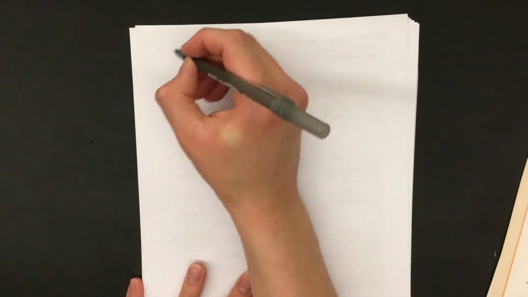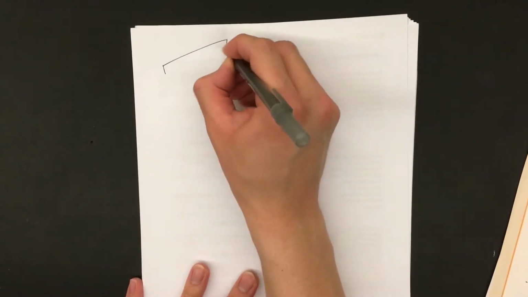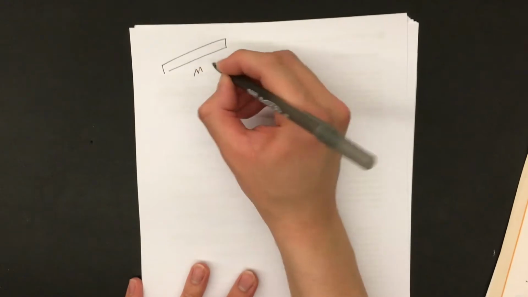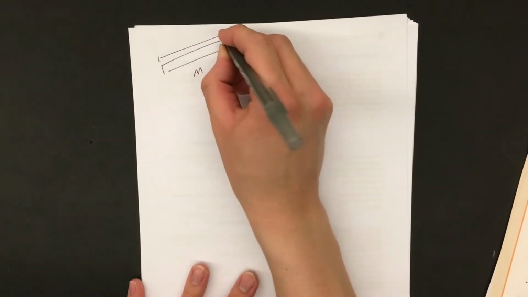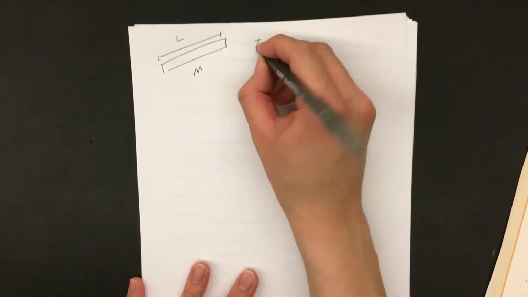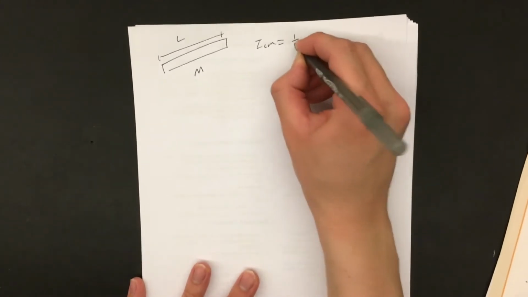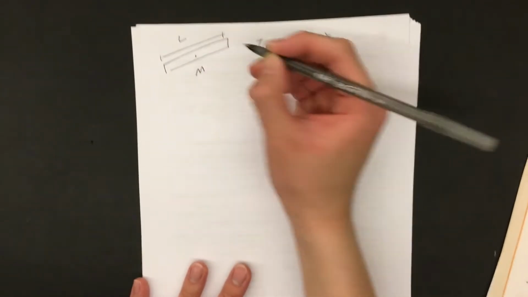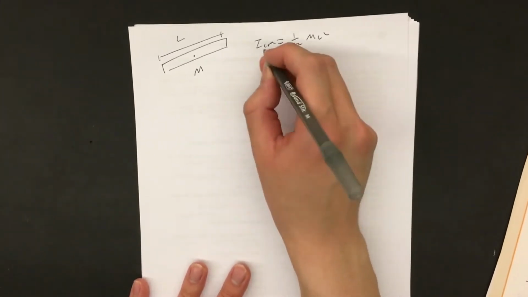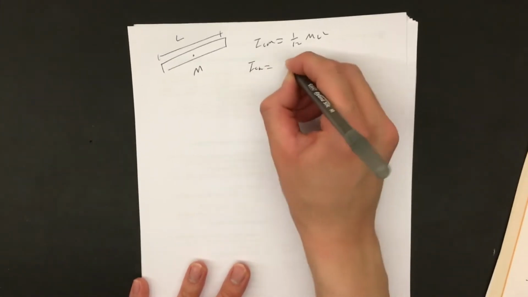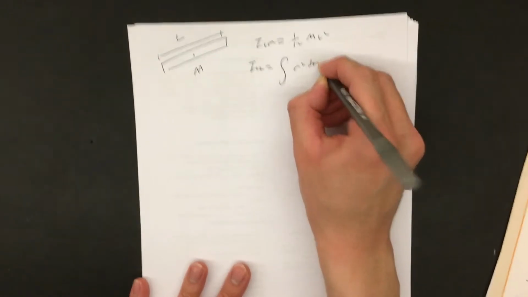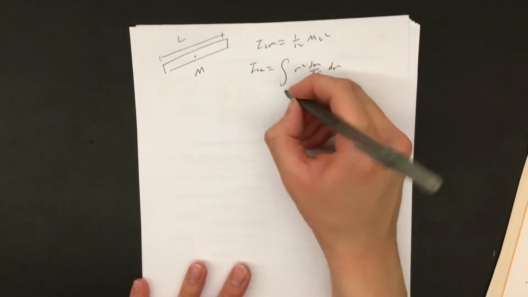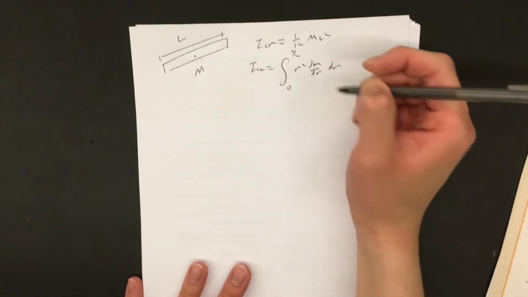So let's look at some examples of this parallel axis theorem. So let's consider this rod of mass m with length L. Then I center of mass, I said equals to 1/12 m L squared previously. Now evaluating the inertia equals to integral of r squared dm dr with integration bound from 0 to L over 2.